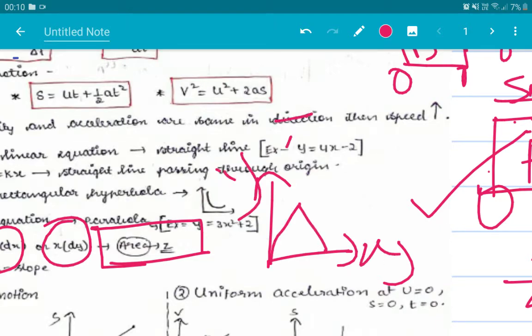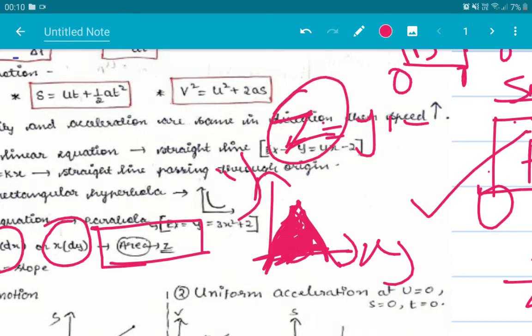Now it is given in the condition that z equal to y dx. Now the area under this triangle, this entire area under this triangle, is equal to z.